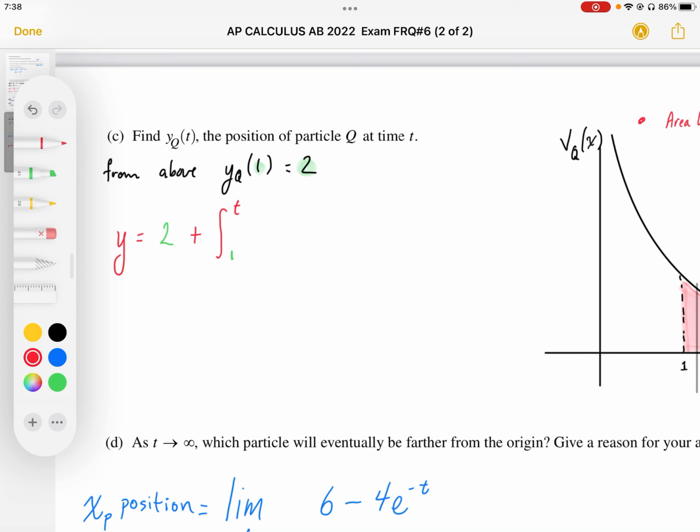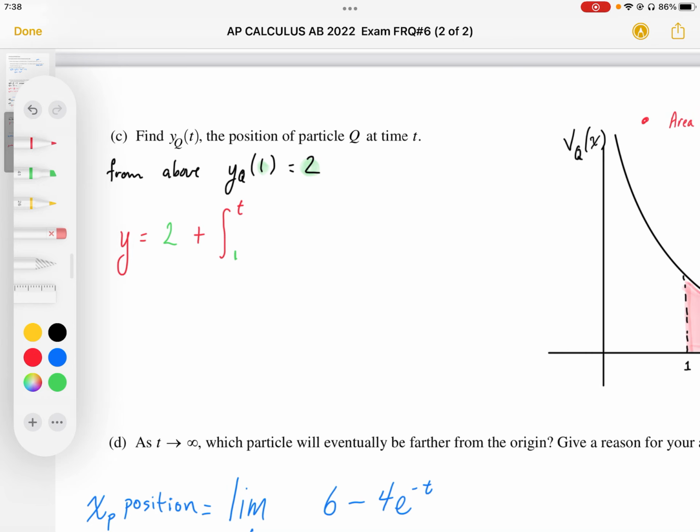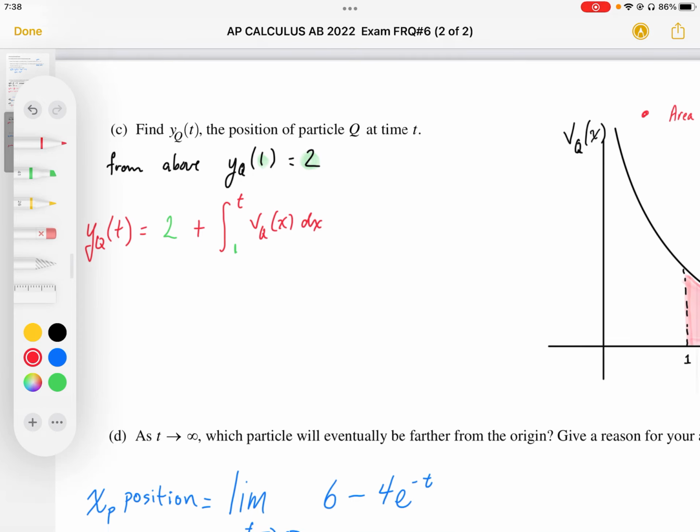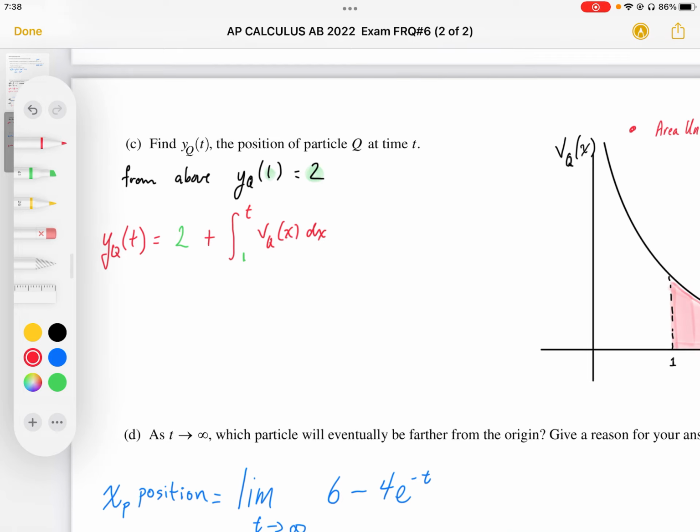Maybe I should really write this as a function. yq as a function of t, and that's going to be the area under the VQ graph. Okay, so there's our equation, the position y as a function of time.